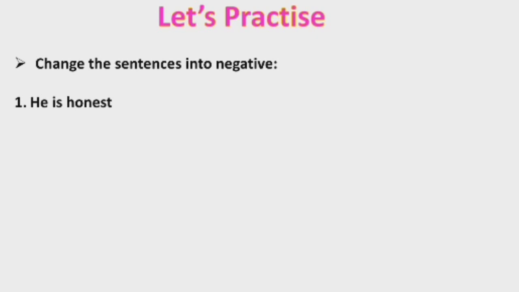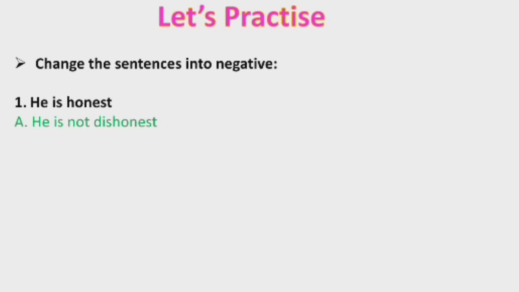What is the meaning of not dishonest? Obviously honest. We will add not after is and then the opposite word of honest, dishonest. So he is honest, affirmative, and he is not dishonest, that is negative. Now the meaning is also not changed, but the type of sentence is changed from affirmative to negative.